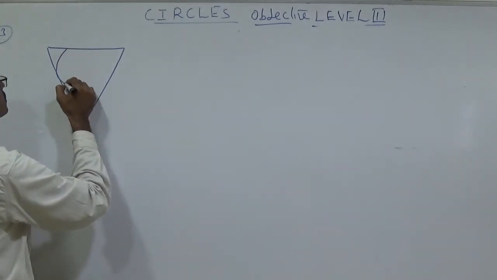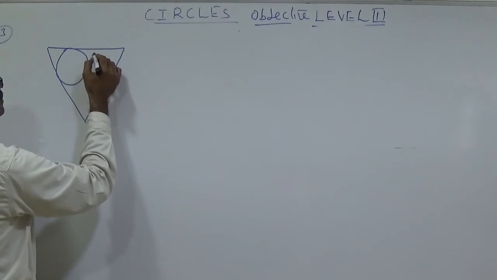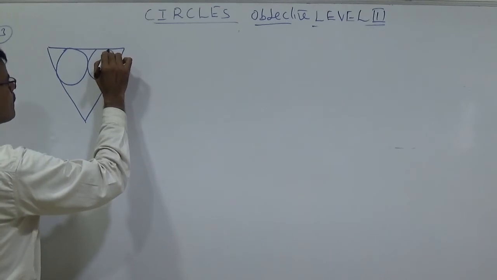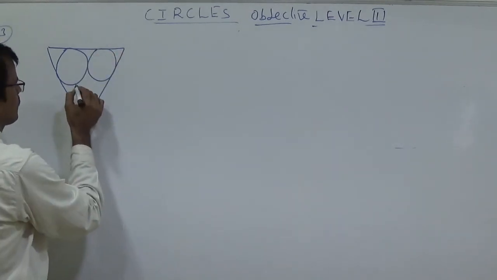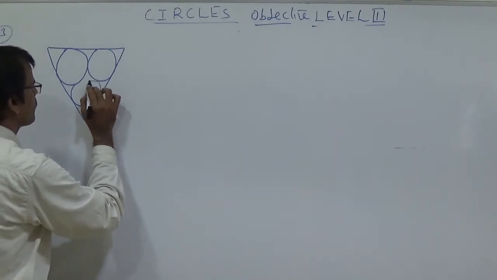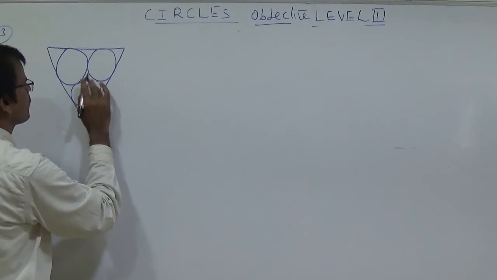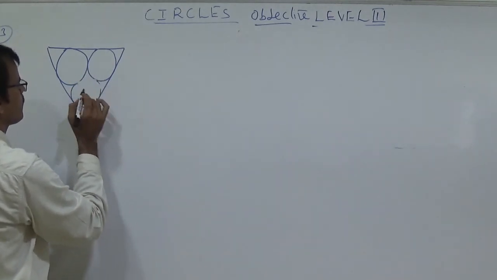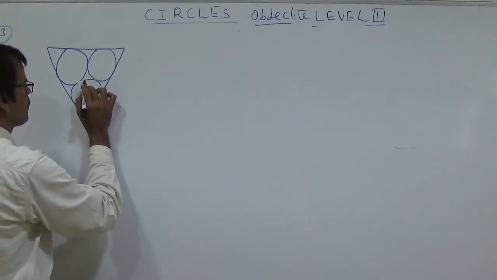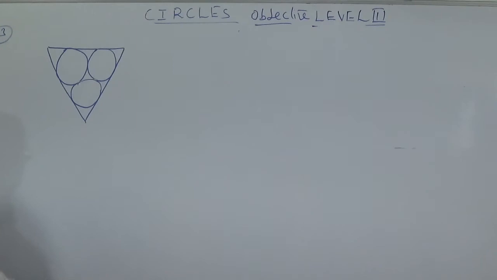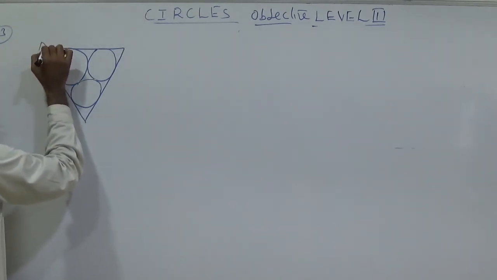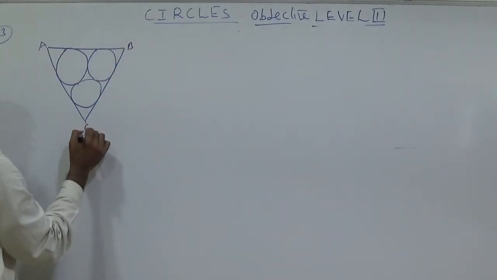Three coins. These are 3 coins having unit radius, which are inscribed in an equilateral triangle.